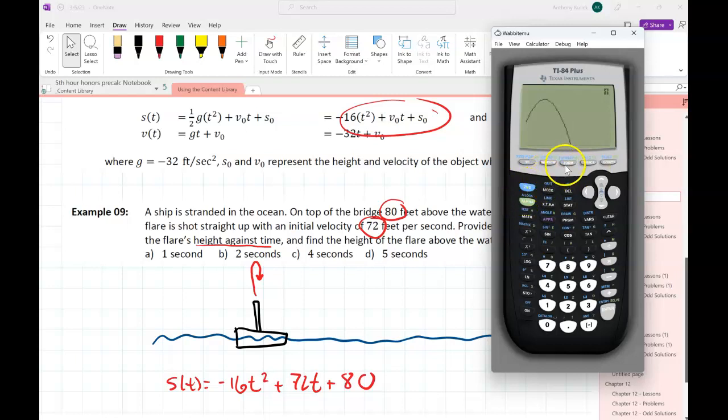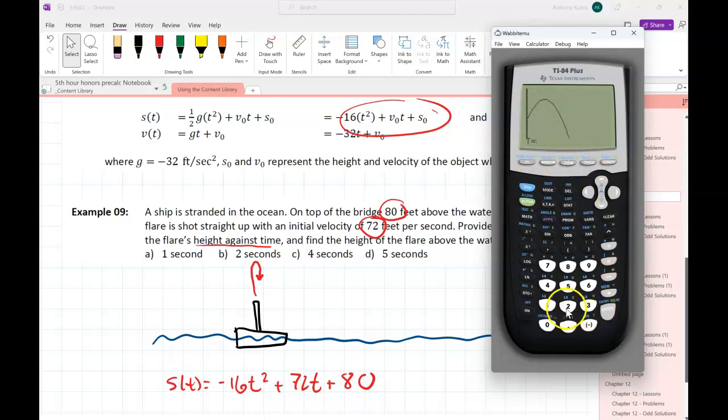Oops, I turned my axes off there. Let's turn that back on. Okay, so there's that. If I want my value at 1 second, it's 136. Second trace, pick that value again.